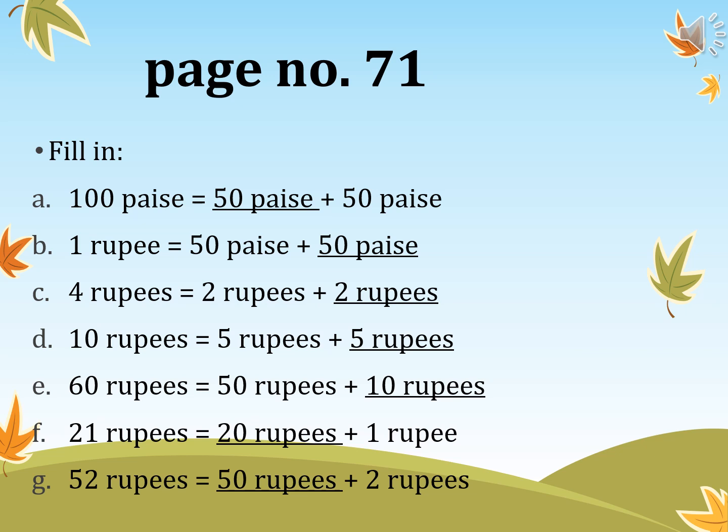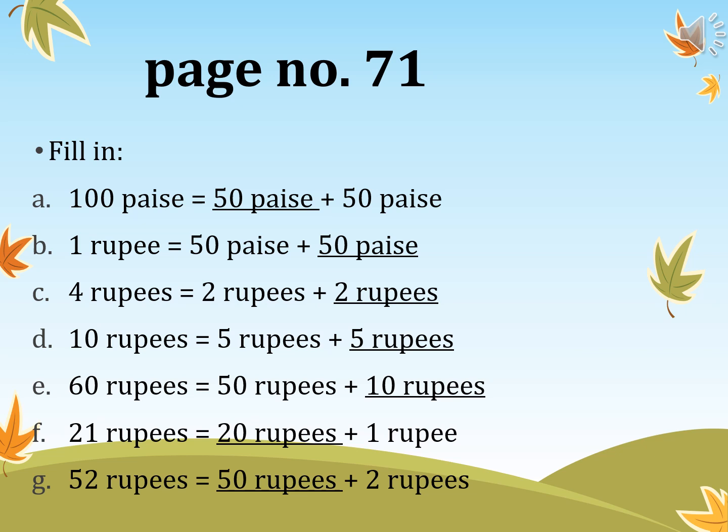D part. 10 rupees equals to 5 rupees plus 5 rupees. E part. 60 rupees equals to 50 rupees plus dash rupees. I gave you 60 rupees and you gave 50 rupees to your mother. How many left? 10.